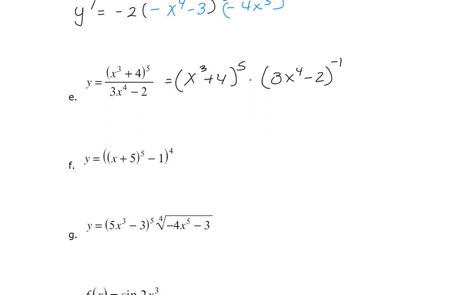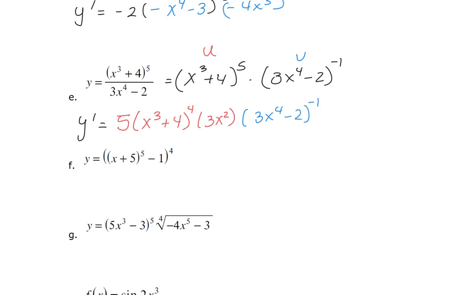If I do that, then this is my u and this is my v, and I'm going to do the product rule. Let me do v in blue. So y prime here is going to be u prime, which is 5x raised to the 3rd plus 4 raised to the 4th. The derivative of the inner function will be 3x squared multiplied by v, which is 3x to the 4th minus 2 raised to the negative 1.